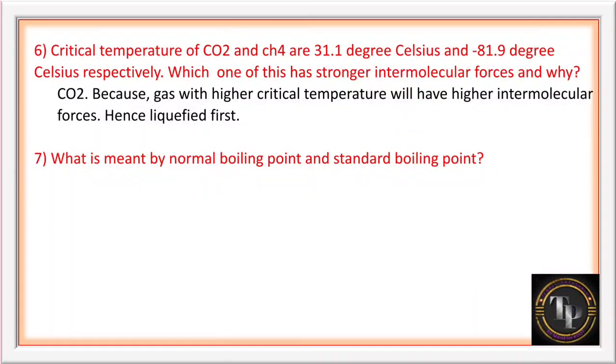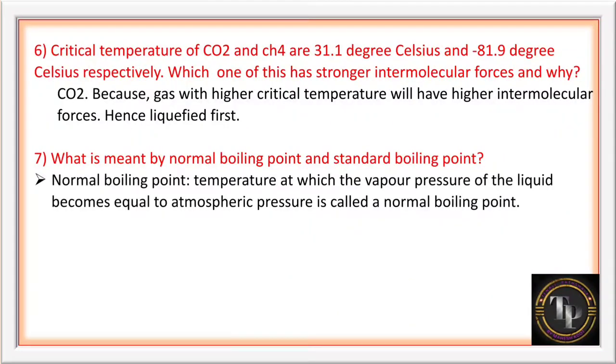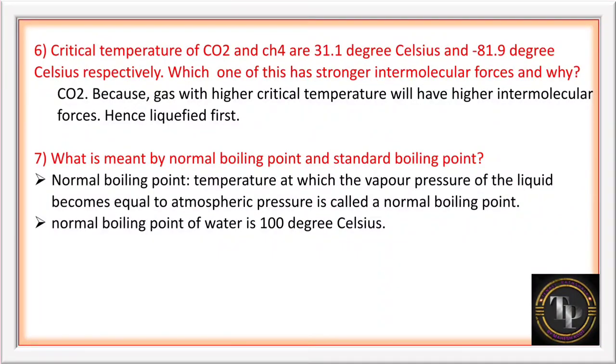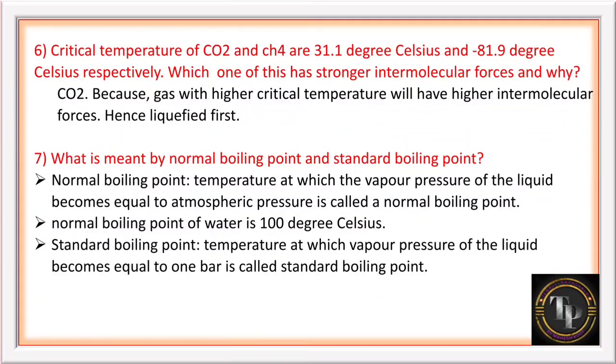What is meant by normal boiling point and standard boiling point? What is the difference between these two? See guys, normal boiling point is the temperature at which vapor pressure of the liquid becomes equal to atmospheric pressure. Normal boiling point of water is 100 degrees Celsius. Standard boiling point is the temperature at which vapor pressure of the liquid becomes equal to 1 bar.